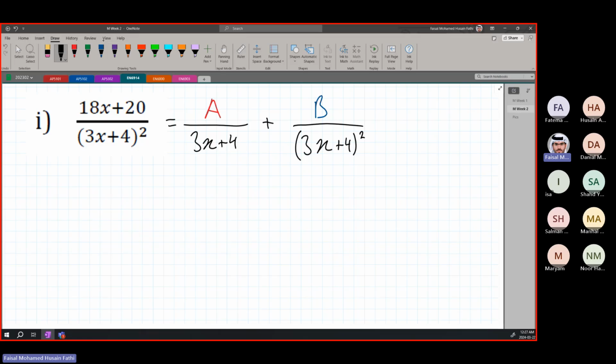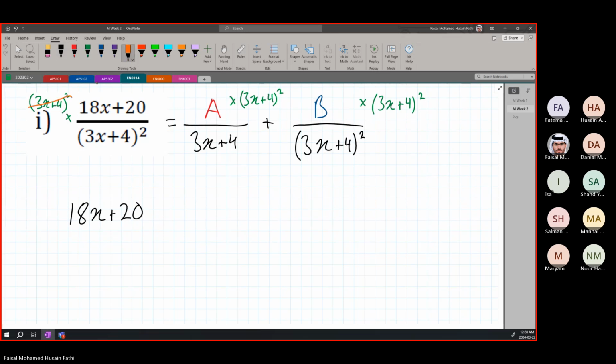You're going to multiply both sides with the denominator. So you're going to be multiplying here by 3x plus 4 all squared, here by 3x plus 4 all squared, and here by 3x plus 4 squared. Okay? So what do you notice will happen here? First of all, the 18x plus 20 will cancel completely.